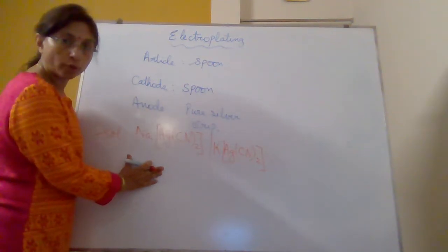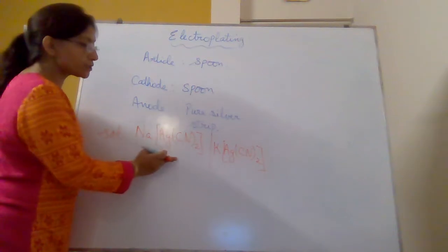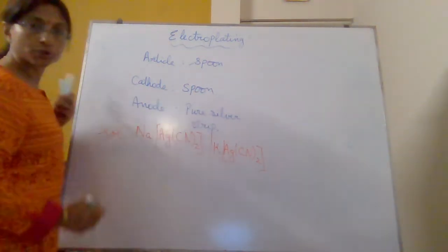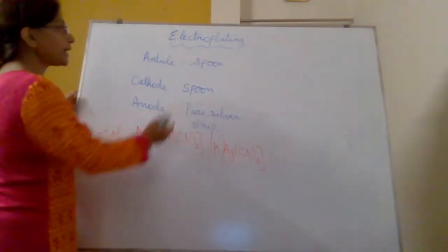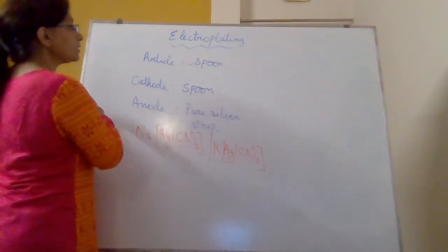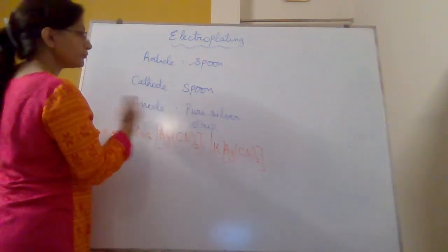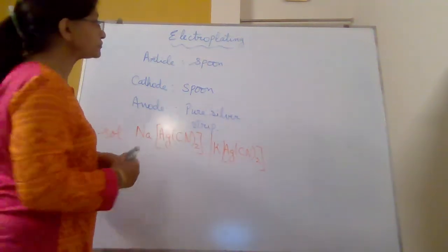These are not your normal salts, these are complex salts. Sodium argento cyanide and potassium argento cyanide: we are going to use their solution as the electrolyte for the electroplating of an article with silver.